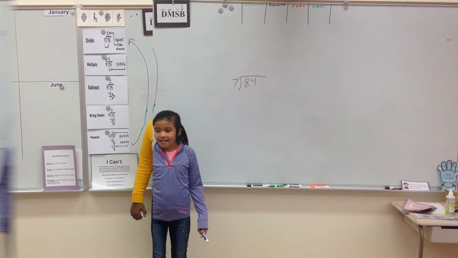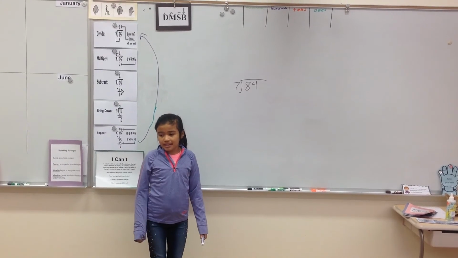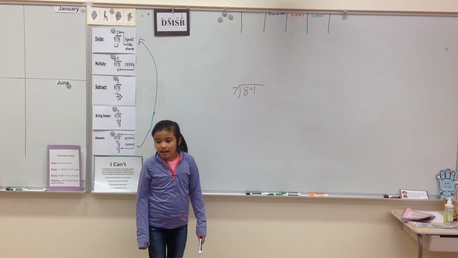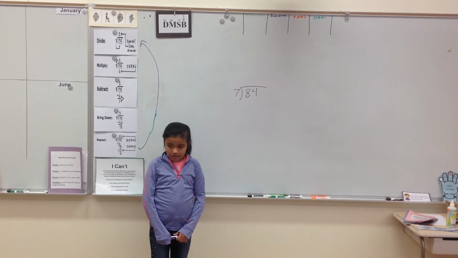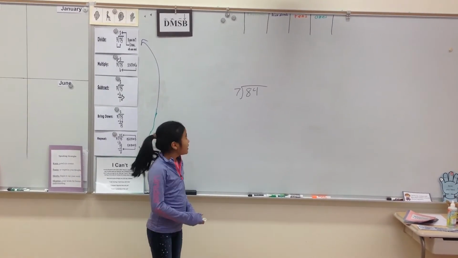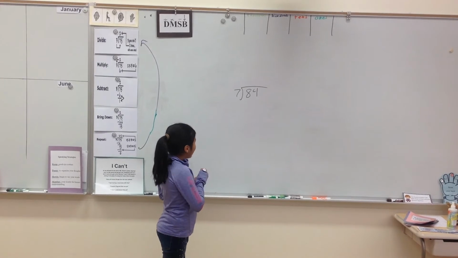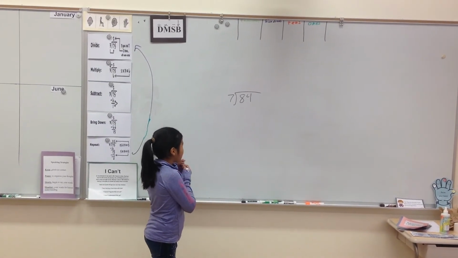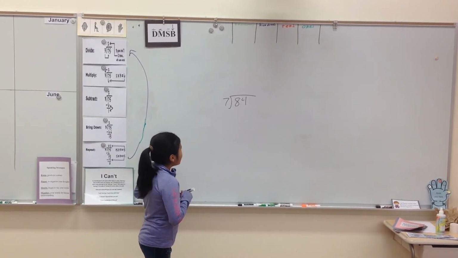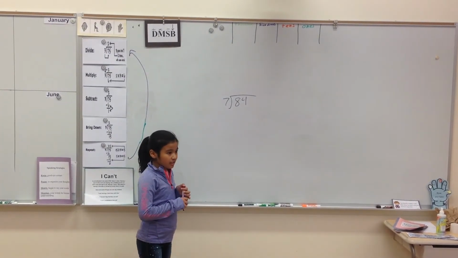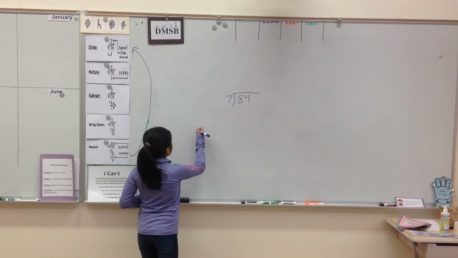Yeah. Turns out division isn't always short and sweet. I'm going to show you long division. So here we have 84 divided by 7. So you do 8 divided by 7. We're going to do the dots, or you can use your fingers.